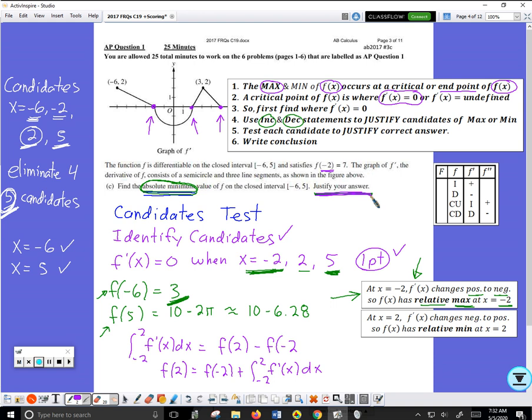So that means, let's rewrite this, let's copy this over.